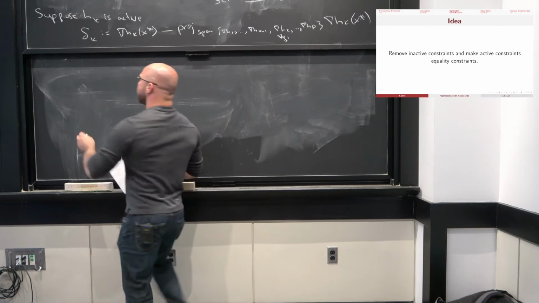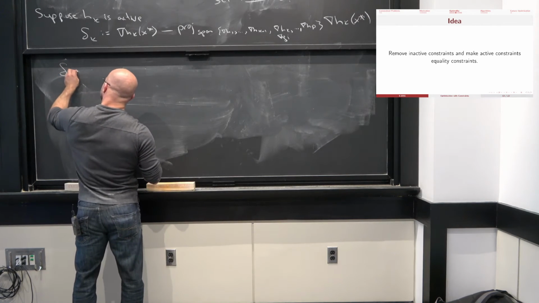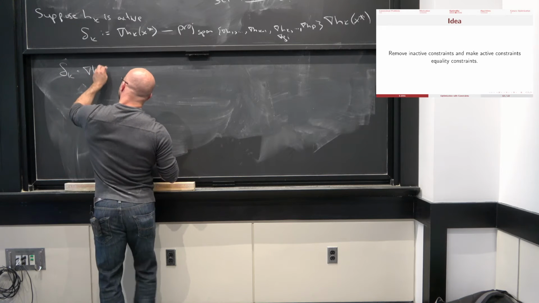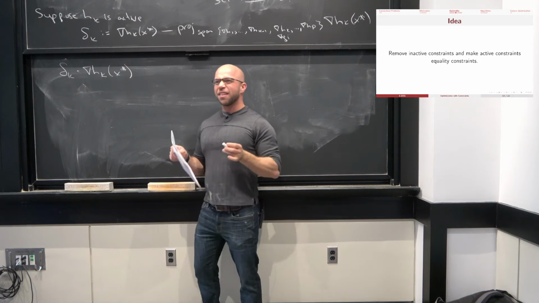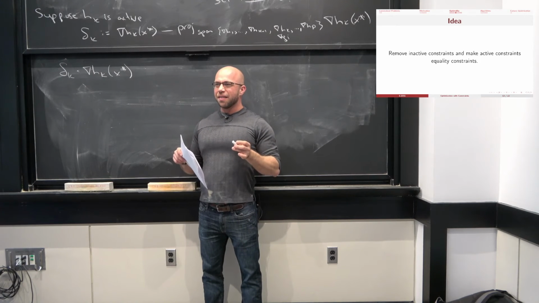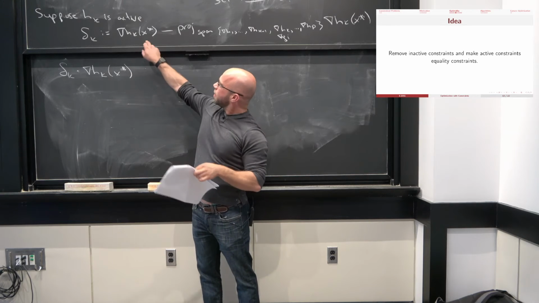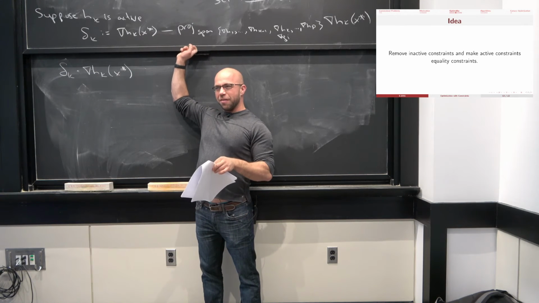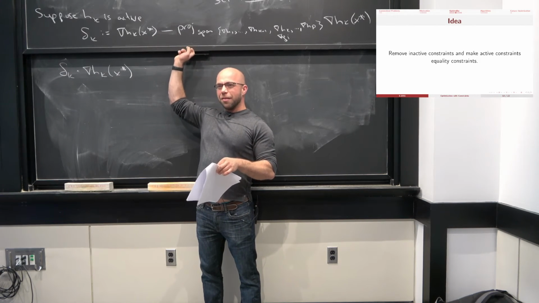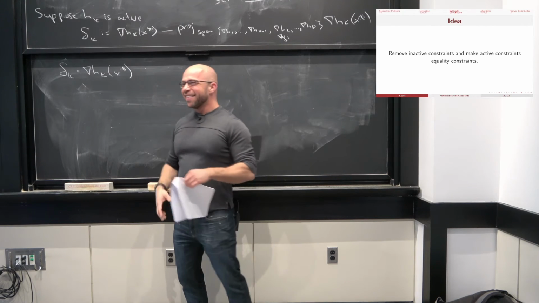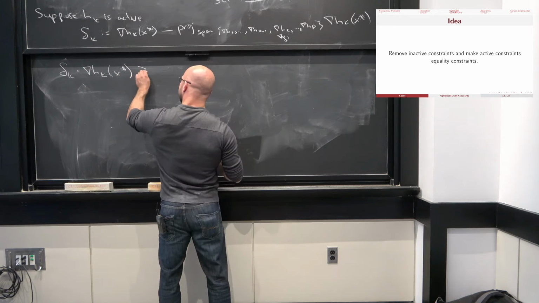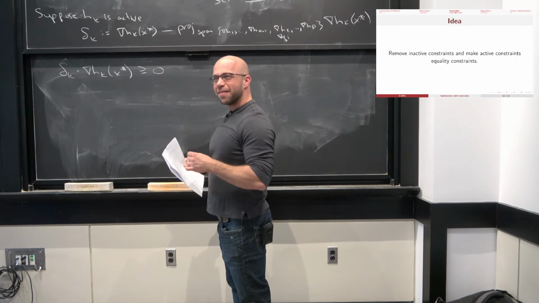Notice that delta k dot product with the gradient of hk at x star, can it be negative? The answer is actually no, because I started with hk and I subtracted out its projection onto a subspace. It would be really weird if it somehow flipped backward in that process. So in fact, this thing is greater than or equal to 0. Okay?